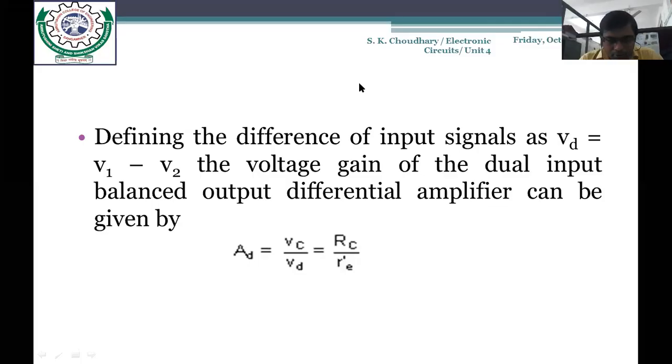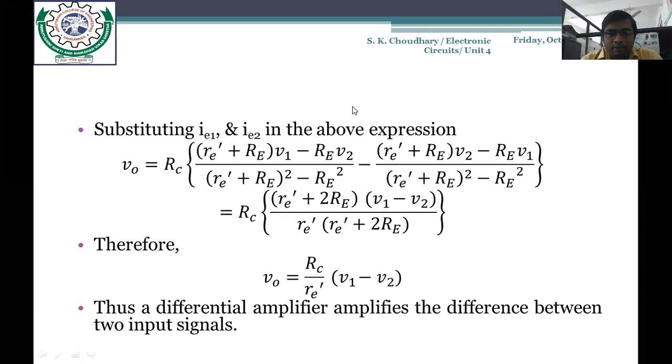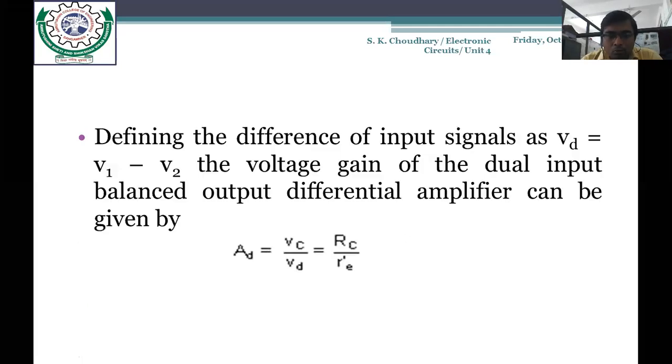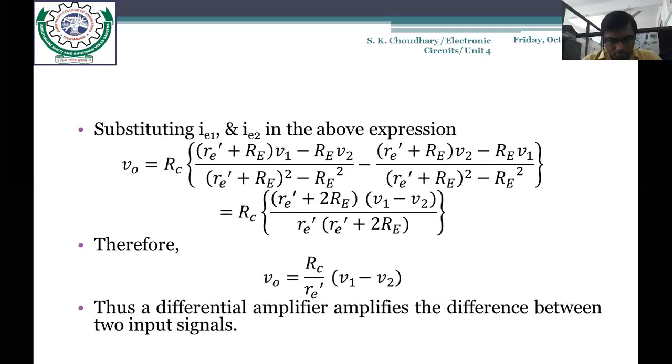Yesterday we discussed how to calculate the output voltage for an emitter coupled differential amplifier, and we found that the output voltage is a function of the differential input as well as the amplification factor, called the difference mode gain.